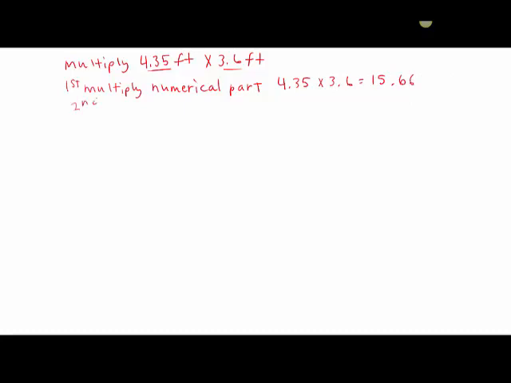Then second, multiply the units. So it's going to be 1 foot by 1 foot. So that's going to be 1 foot squared, or 1 square foot, either way. And then third, you're going to round to the least precise number.